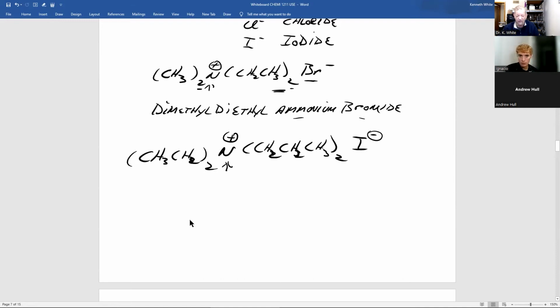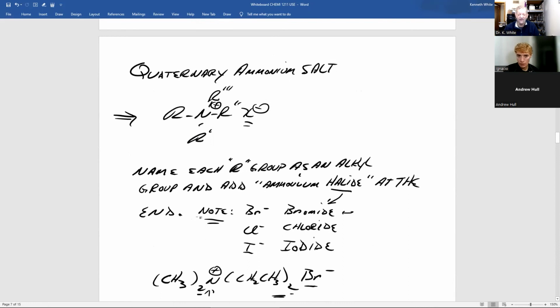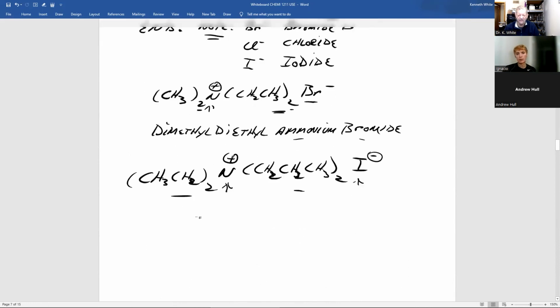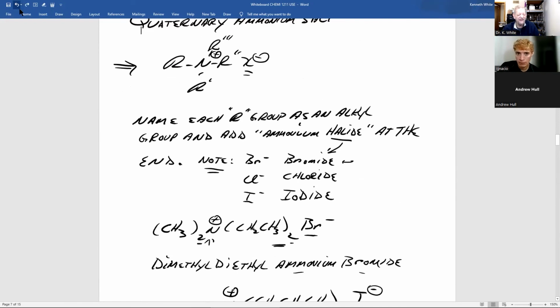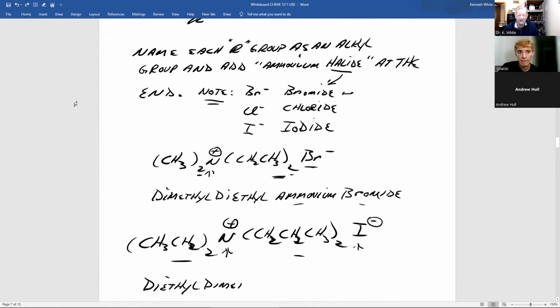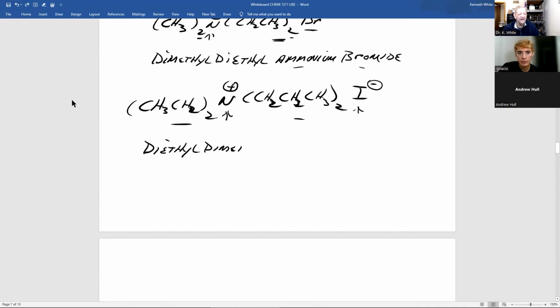And if we look at there, what's different, what's not carbon, what's not hydrogen? Ooh, a nitrogen with a plus charge and a halogen. And it's got 4 R groups on there. It's a quaternary ammonium salt. And how do we name that? It doesn't matter. Diethyl, dimethyl. Oops, sorry, I'm thinking about an example I already did. Hold on.